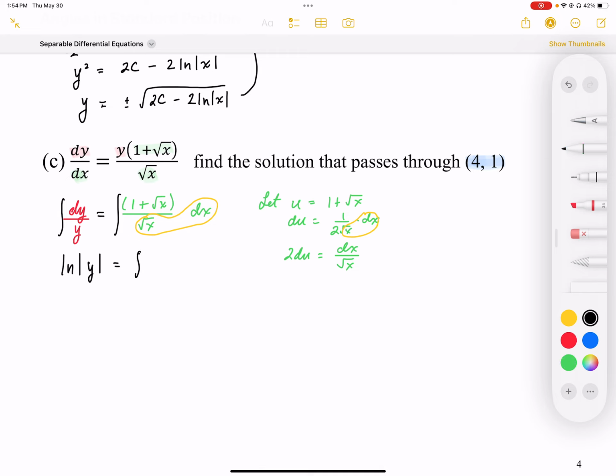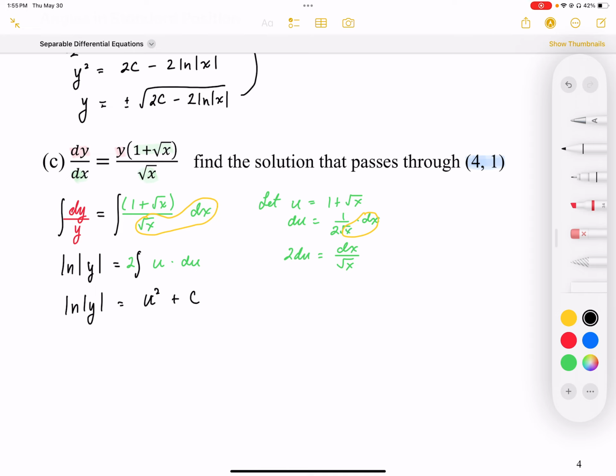On the right-hand side, this becomes u times 2 du, so I'm going to put the 2 on the outside here. Now I can integrate the right-hand side, so I get log y is equal to u squared, and then I need my plus c.